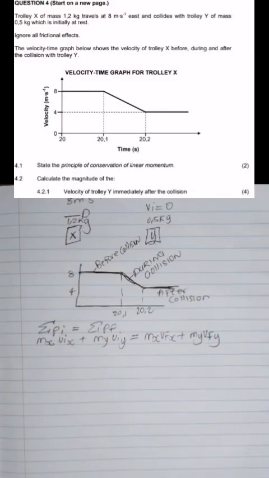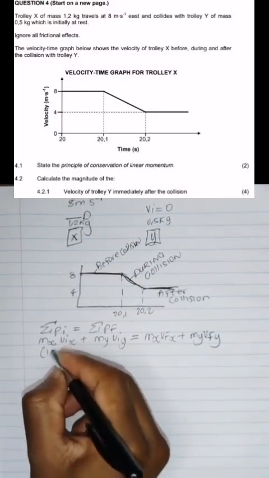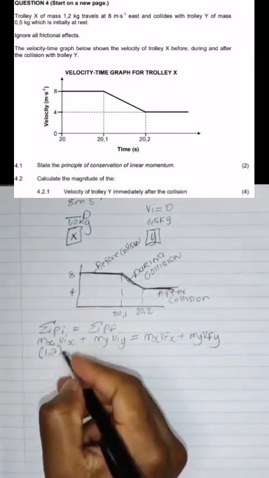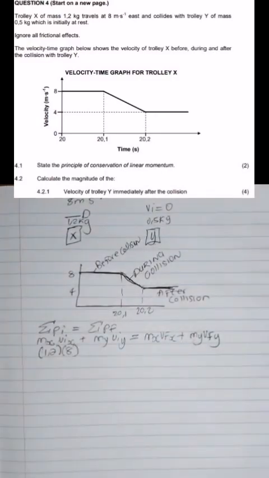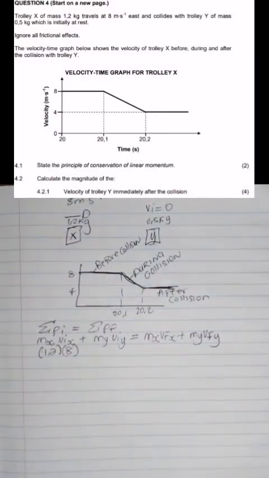The mass of X is 1.2 and its initial velocity is 8. It's moving towards the right direction, so it has to be positive.